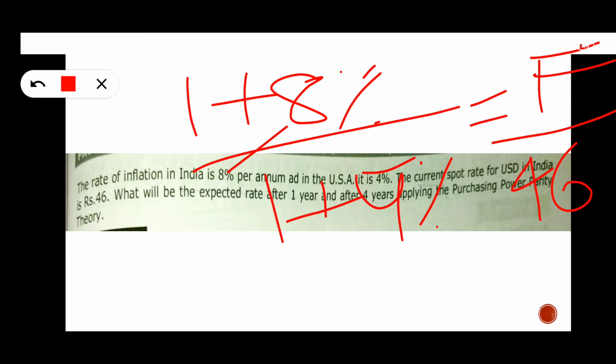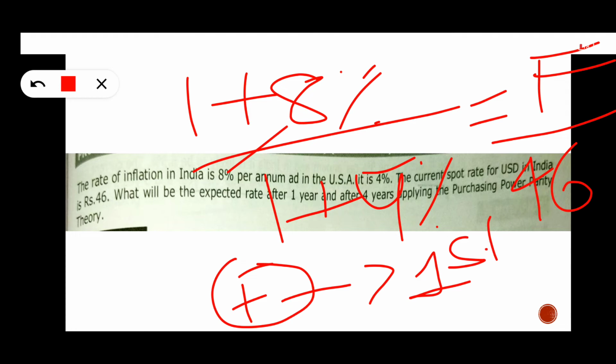When we do this, we get the forward rate for the first year. But we also want it for the second, third and fourth years. Remember, this first year forward rate will be the spot rate for the second year. Why? Because the forward rate says that after 1 year this is going to be the rate. For calculating the second year, we have to find the spot rate at the first year. So the forward rate becomes the spot rate automatically at the second year.